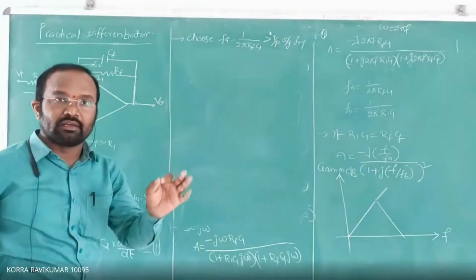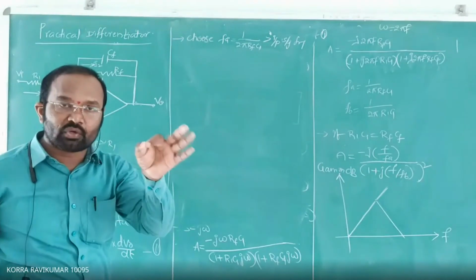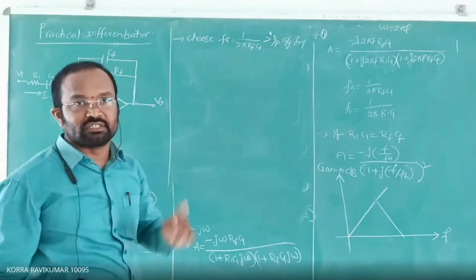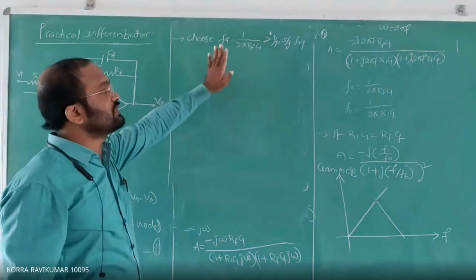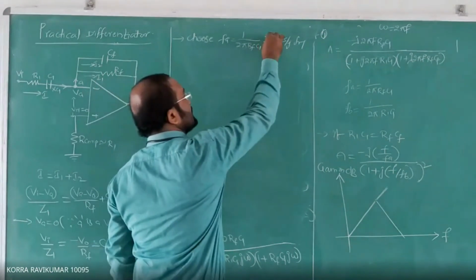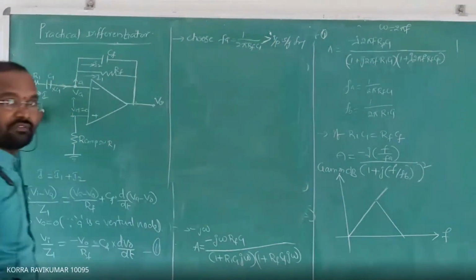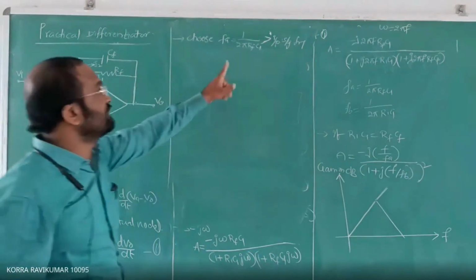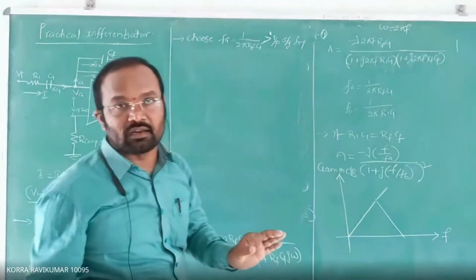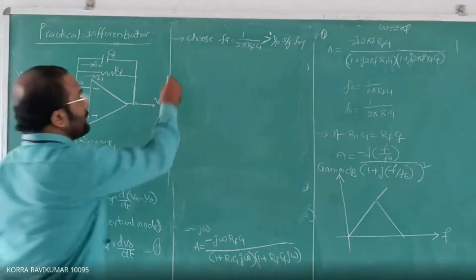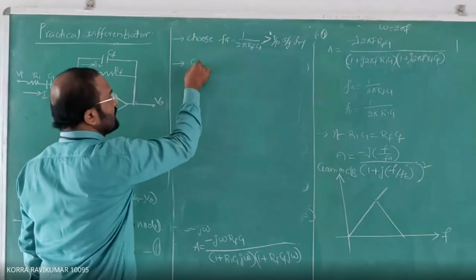To design a perfect differentiator, a few points we need to consider. That is, the fA frequency value should be greater than the input signal frequency. The input signal which we are applying at the inverting terminal, our signal frequency, fA should be greater. And the second point which we need to consider is the capacitor value C1.